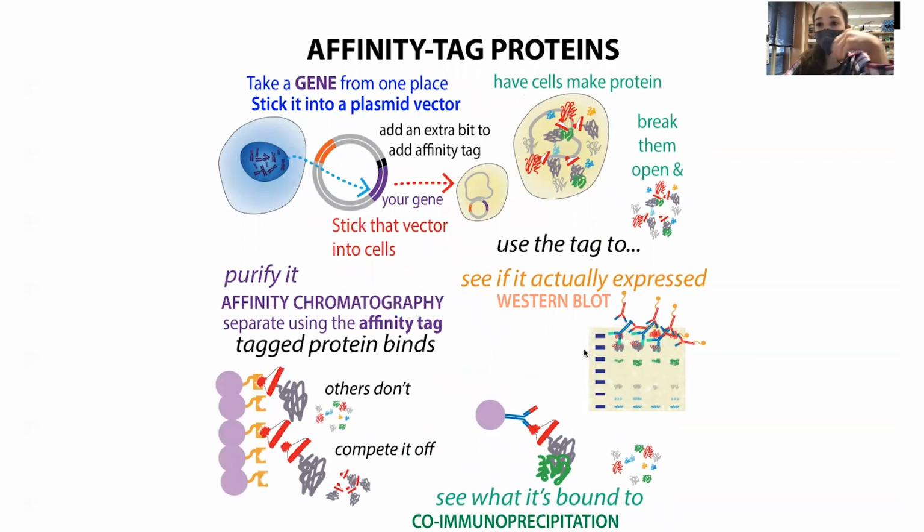You can pull out the protein of interest so that you can see what it's bound to. So in the case of BioID, you would have that protein of interest, conjugate it to the biotinylating enzyme, and that would tell you that the things that are biotinylated were bound to it or nearby.